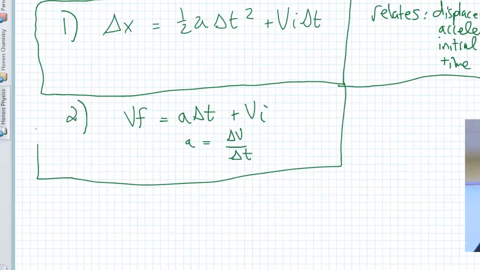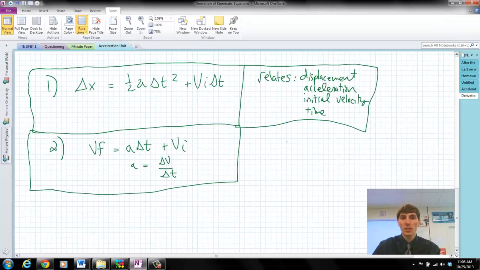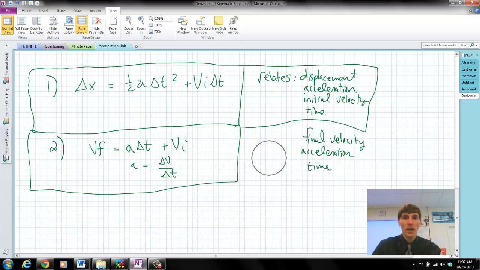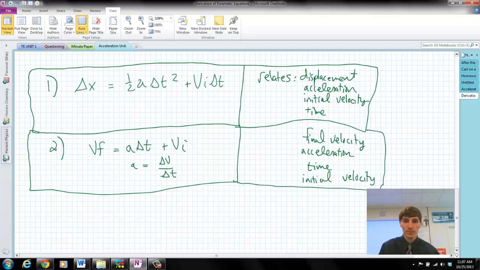This relates final velocity, acceleration, time, and initial velocity. So if you know three of those four, this equation's your go-to.